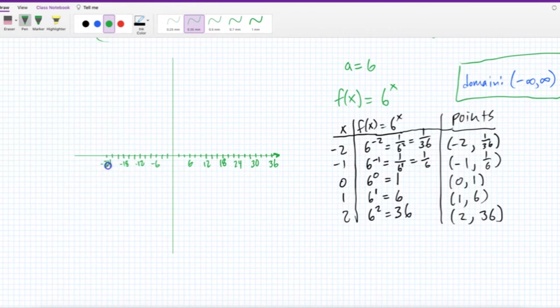The reason I'm using the same scale on both axes is just because when you have the same scale, it doesn't get skewed in various ways. When you have different scales, it can make it look differently than you're expecting it to.